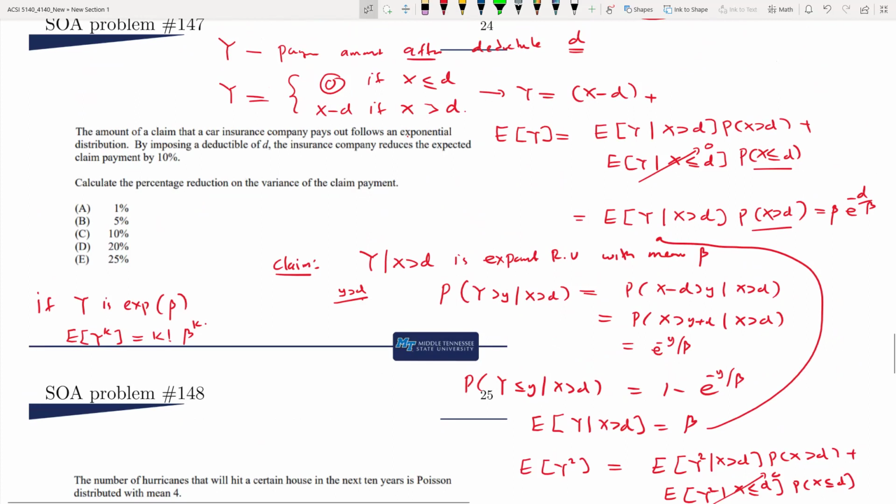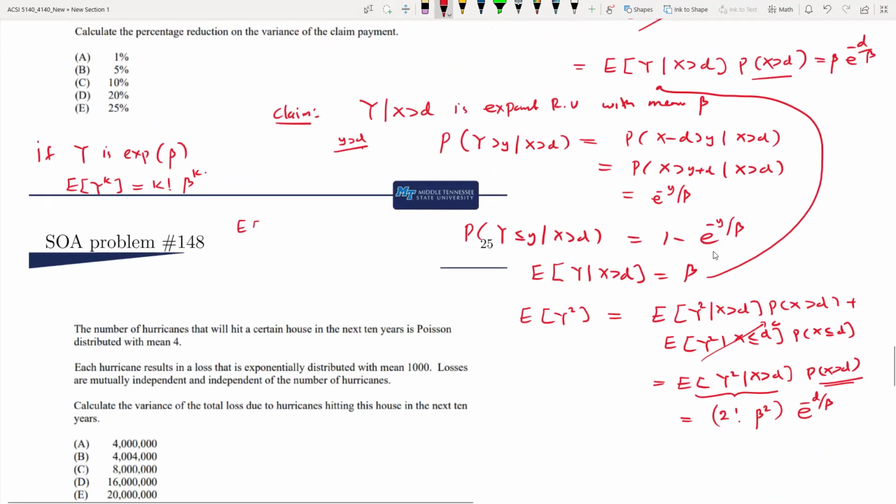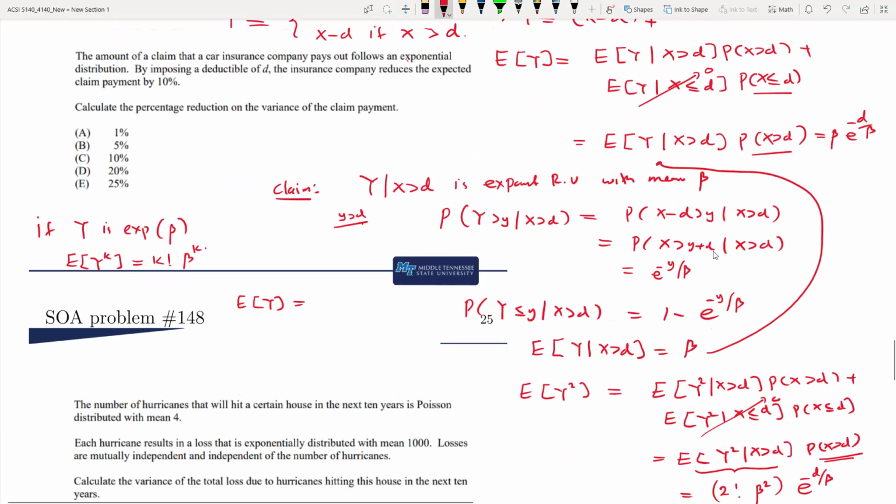So what does that mean? If you write the expected value of y, let me write it somewhere here, the expected value of y is basically, if you look at here, beta times e to the power negative d over beta. And then it also says expected value of y is 0.9 times expected value of x.